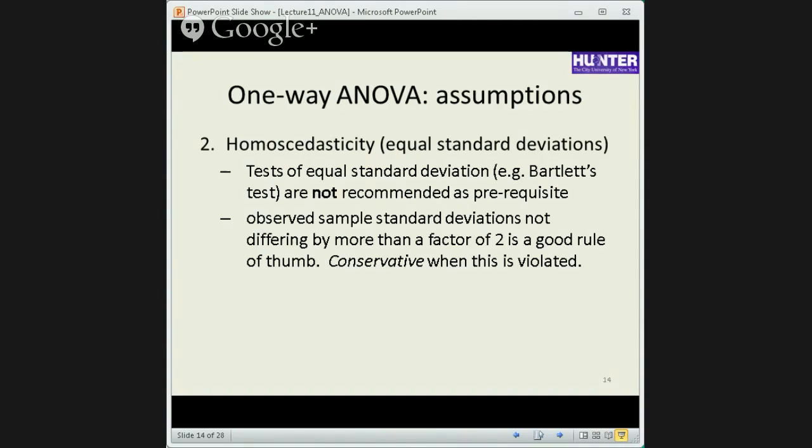But as far as you're concerned in this class, if you have a continuous response variable and you have a categorical second variable or predictor variable that you want to test for association, and your categorical variable has 3 or more levels, then one-way ANOVA is the only test that you have available to use.